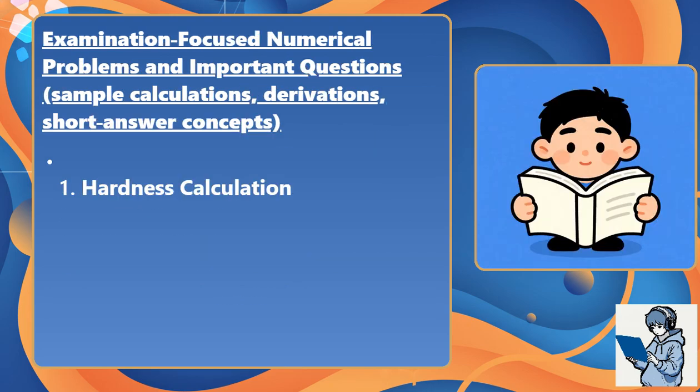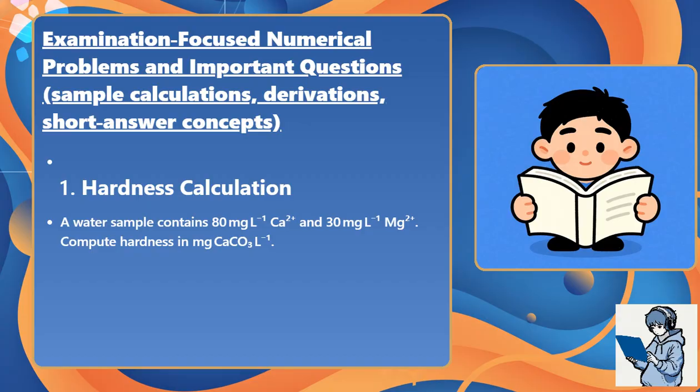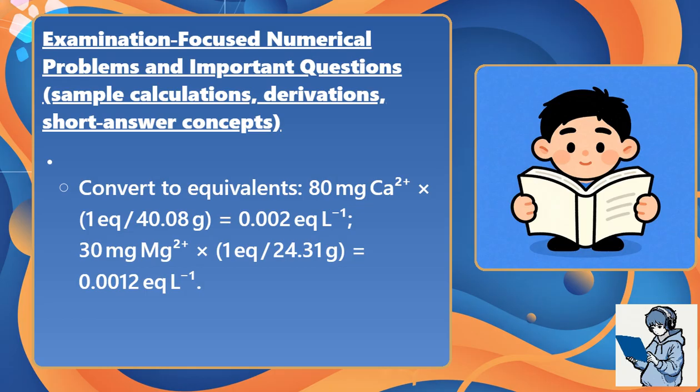1. Hardness calculation. A water sample contains 80 milligrams per liter calcium 2+ and 30 milligrams per liter magnesium 2+. Compute hardness in milligrams per liter calcium carbonate. Convert to equivalents. 80 milligrams calcium 2+ times 1 equivalent per 40.08 grams equals 0.002 equivalents per liter. 30 milligrams magnesium 2+ times 1 equivalent per 24.31 grams equals 0.0012 equivalents per liter.